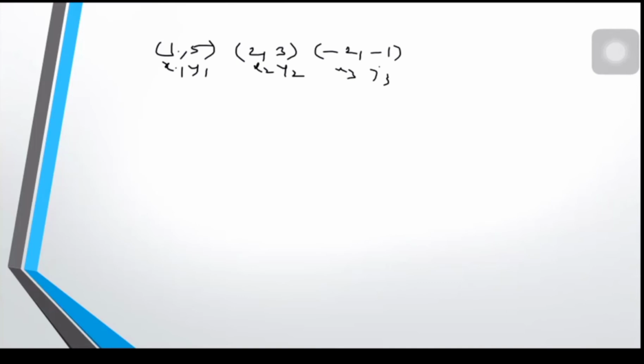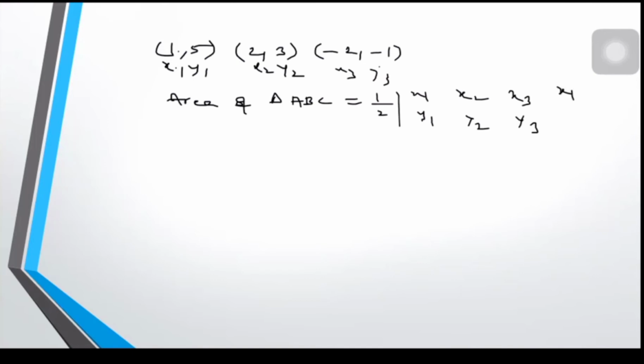Area of triangle ABC is equal to half modulus; the formula, we can write like this: x1, y1, x2, y2, x3, y3, and also write x1, y1 again.